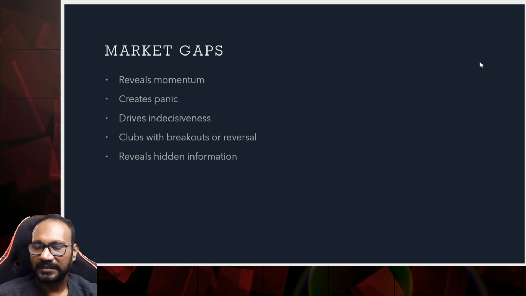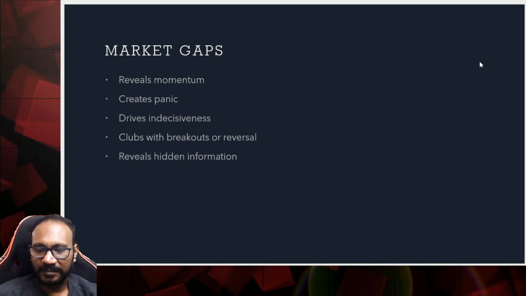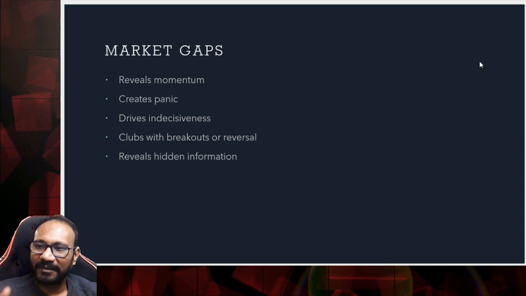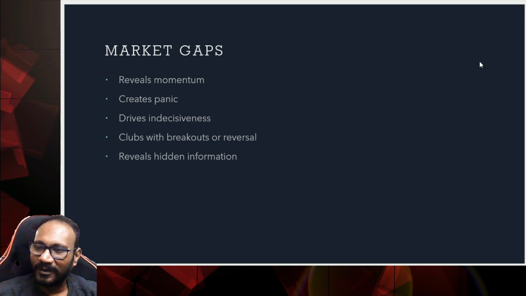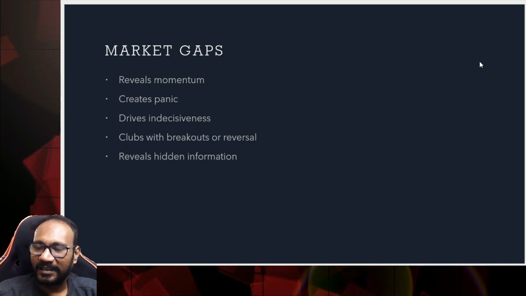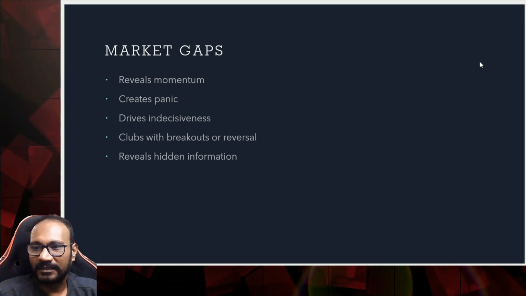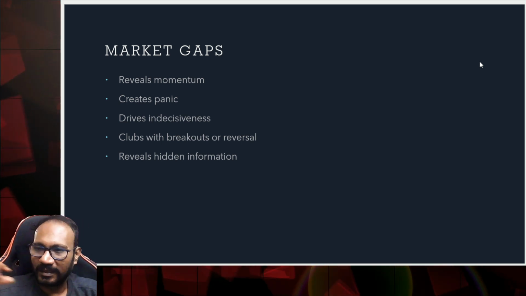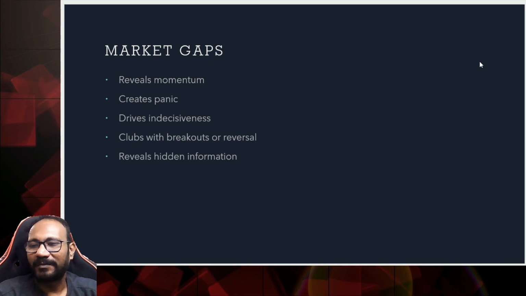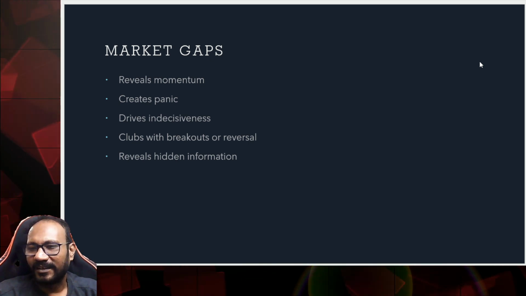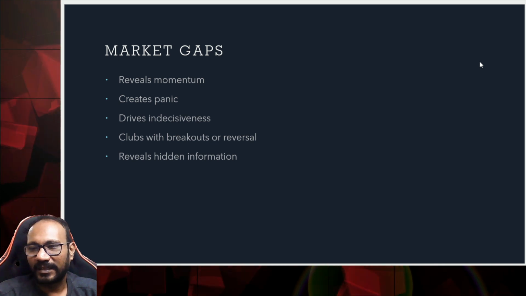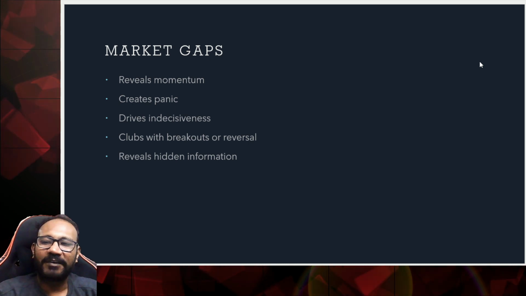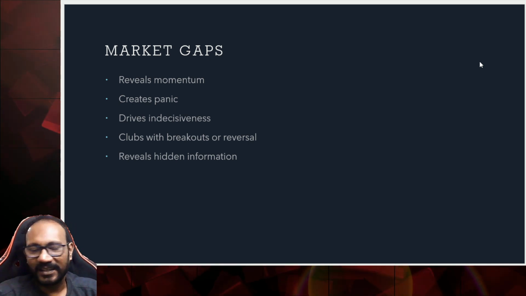It drives indecisiveness. And slowly, some sort of people muster courage and then enter into small portions, and then they add positions after position over time. And finally, when there is enough indecisiveness candles formed, indecisive candles means you will find very small movement of maybe plus 30 points, minus 30 points, or it will be trading in a very small tight range zone where people are taking more and more positions, and then there will be a final breakout or reversal, right?